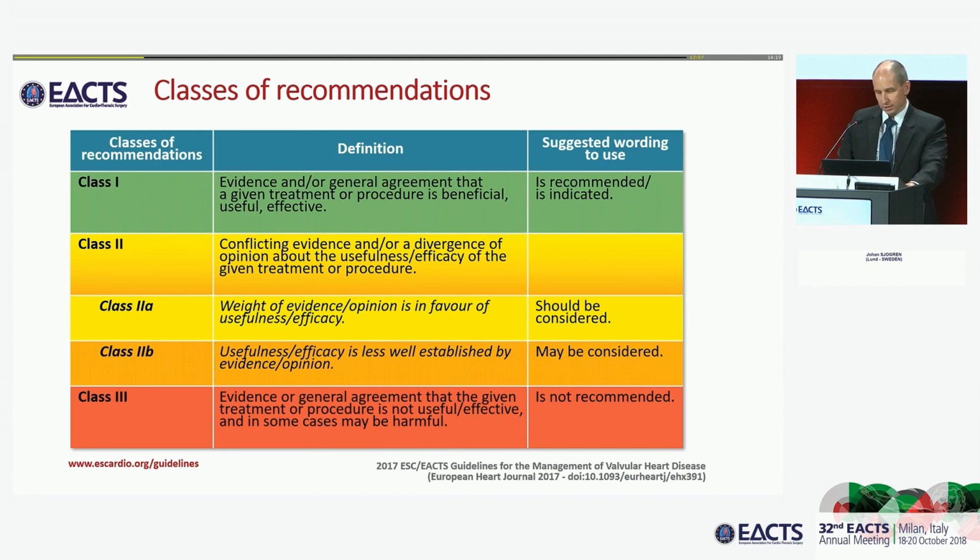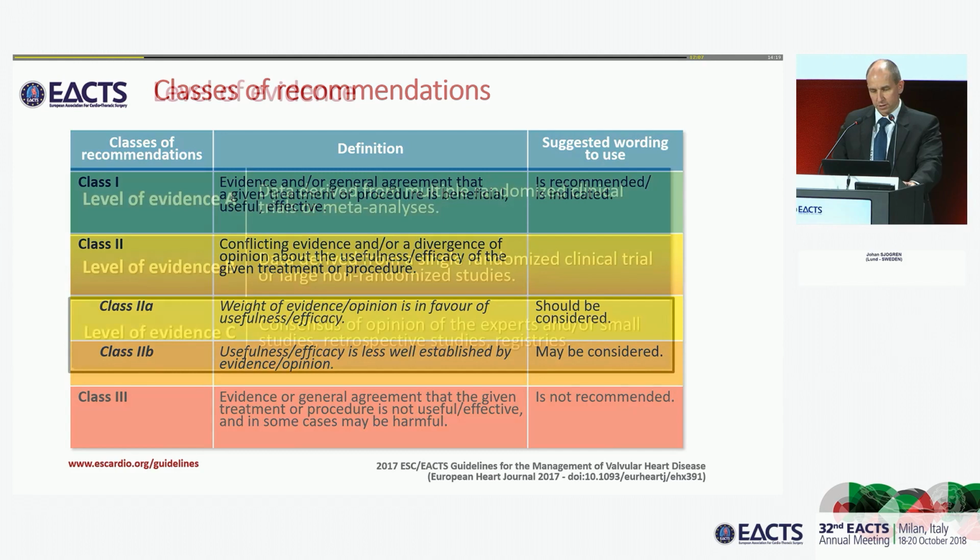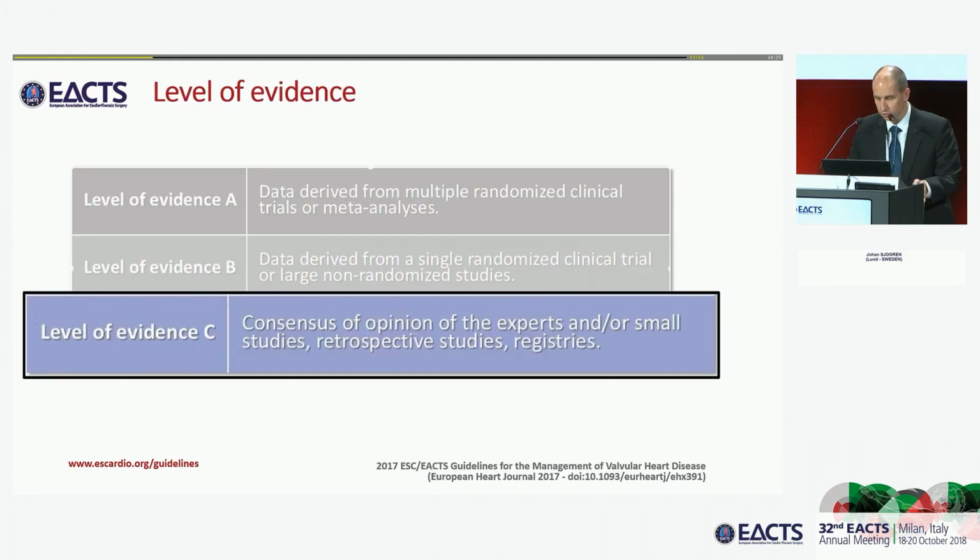Besides that, there's also level of evidence. And when it comes to cardiac surgery, most of the evidence is level C. It's a consensus of expert opinion, or small studies, retrospective studies, and registries.